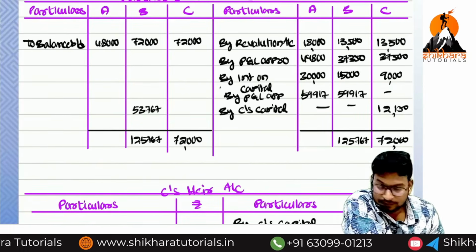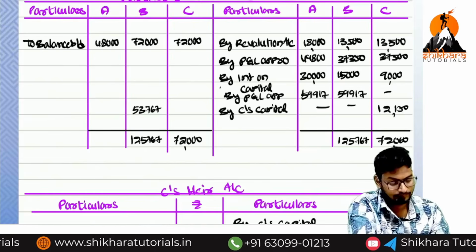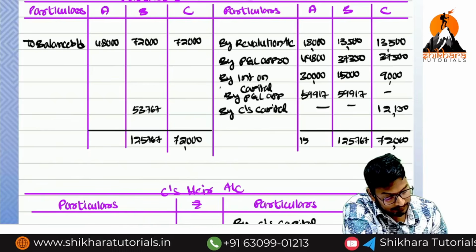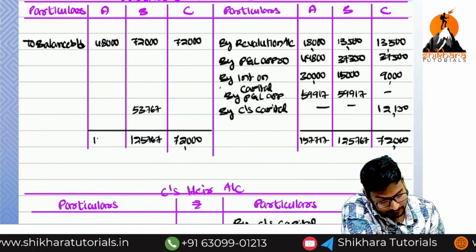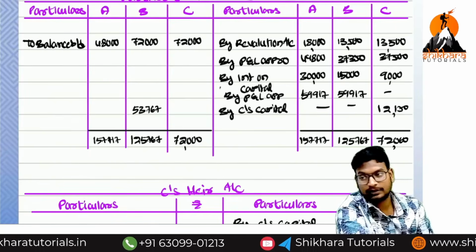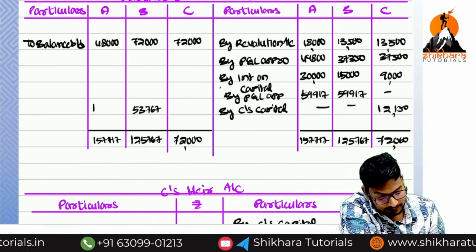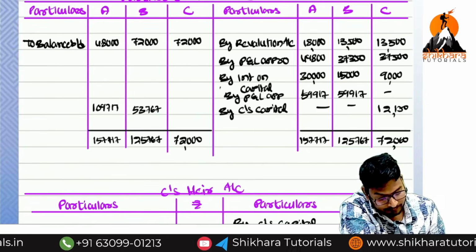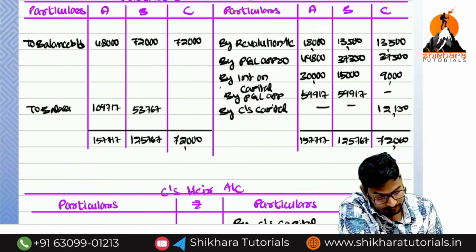That's all. Do this one fast. 1,50,717. Here also 1,57,717. Minus 48,000. 1 lakh. So 2, balance carried on.